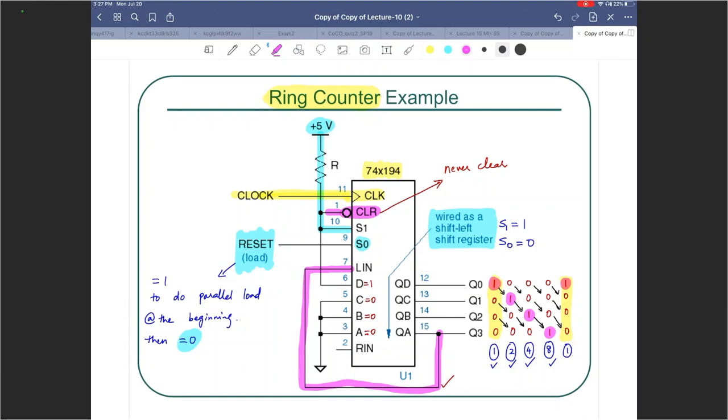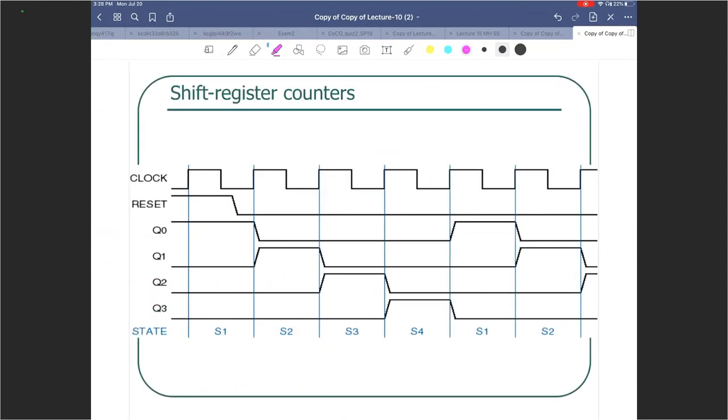All of this is explained with a timing diagram for the ring counter over here. Clock is going up and down. So all the positive edges of the clock have been highlighted. The reset signal, which was also initially used for loading, parallel loading, is shown over here.